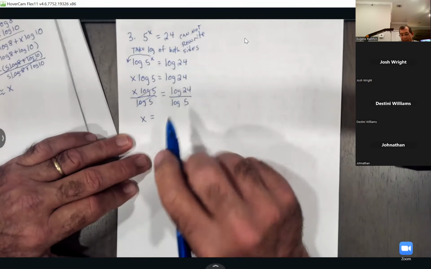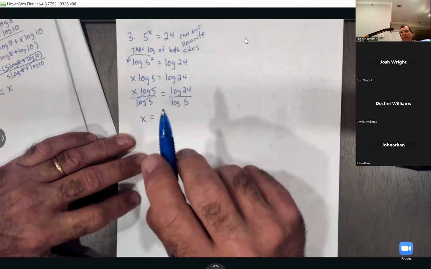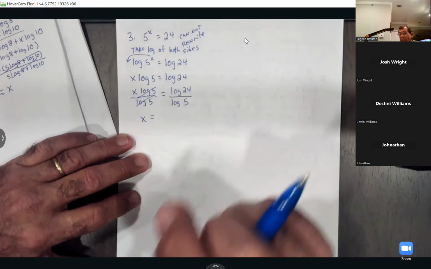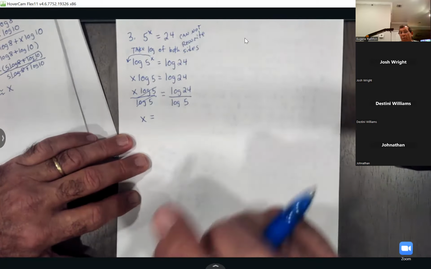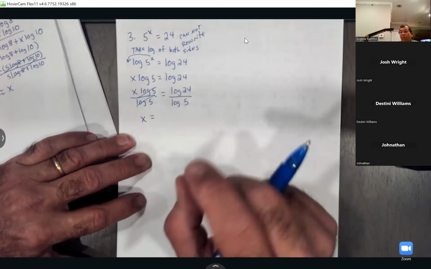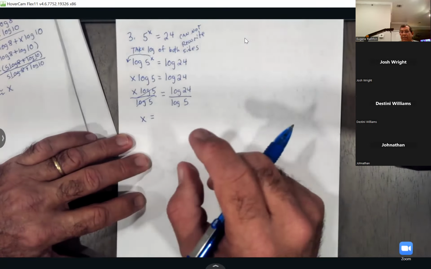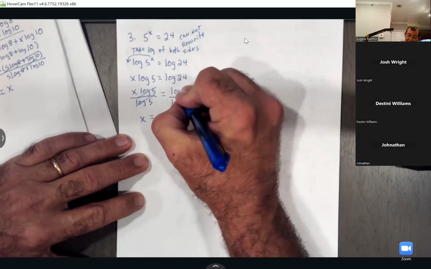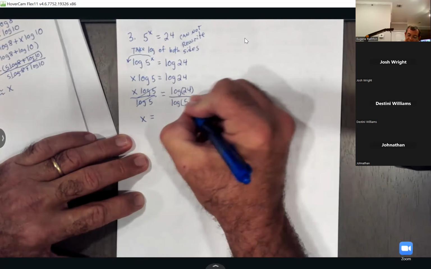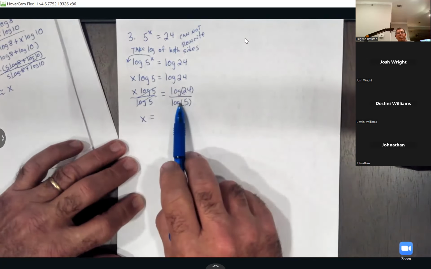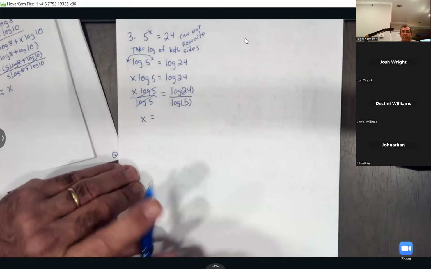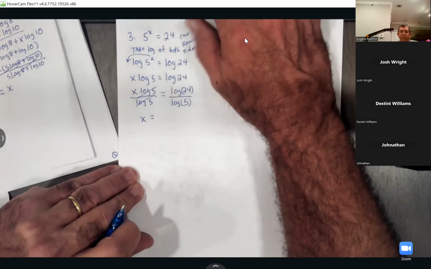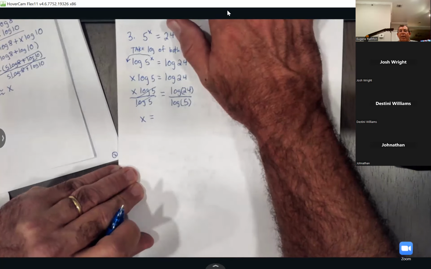Now, since these are logs, we're going to get decimal answers. And when we get decimal answers, we're going to round them off to 4 decimal places. Now, y'all, another trick on this, you gotta close these parentheses on your numbers when you do your logs. So what I got, log 24 over log 5. I'll go to the calculator and show you how I would do that.